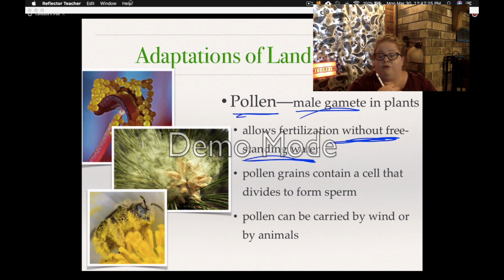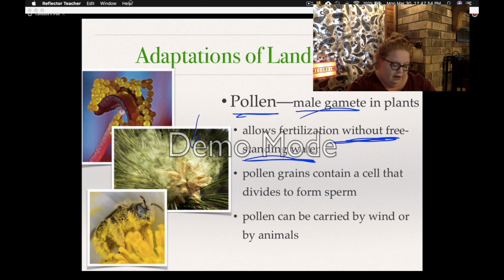So the other two groups, the seedless vascular and the non-vascular, in order for fertilization to take place, they have to at some point have freestanding water. We have a whole lesson about reproduction, and so we'll talk about how that happens. But everything that produces pollen does not require that. And so that's going to be both our gymnosperms and angiosperms, and that pollen can be carried by the wind.